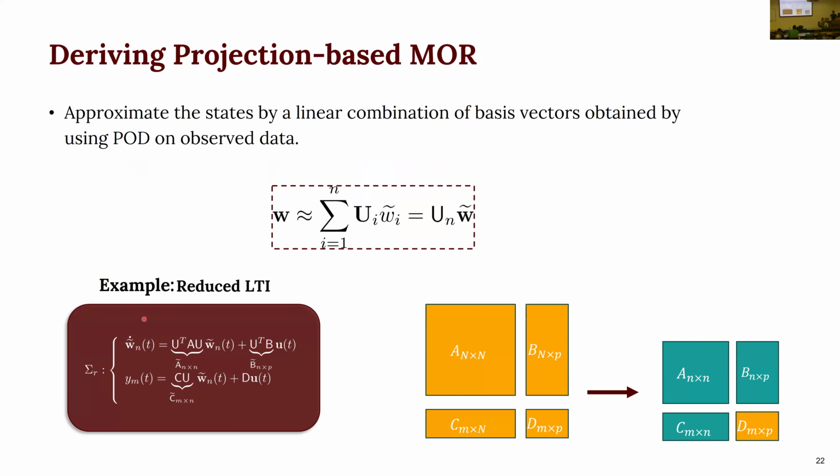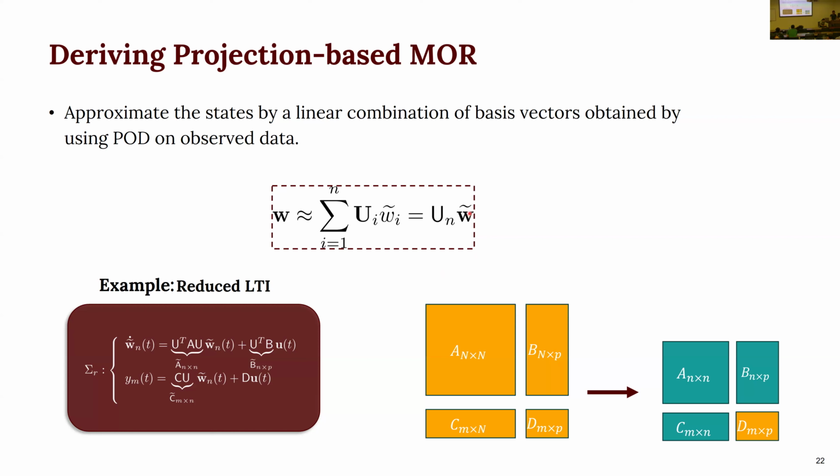Any questions? Yeah, could you explain it one more time, because I couldn't get it? So U's are from the POD modes, right? Yes, U's are the POD modes. W's are weights, a linear combination. How do you find the weights? That's the whole point.